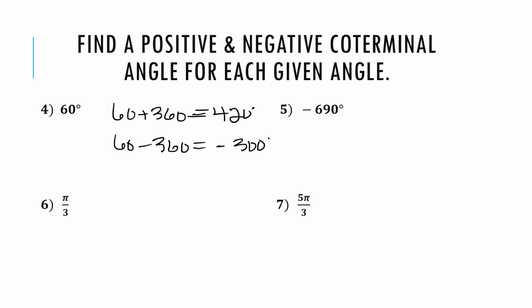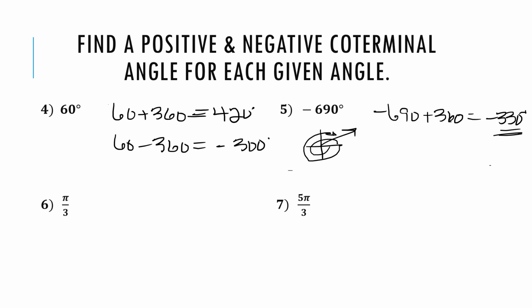And last but not least for our degrees, negative 690. I want to look at that one, so I'm going negative 360 and then another negative 330 to get me there. So when I take negative 690 and I add 360, in this case it gave me a negative coterminal angle, negative 330. That landed me back around.